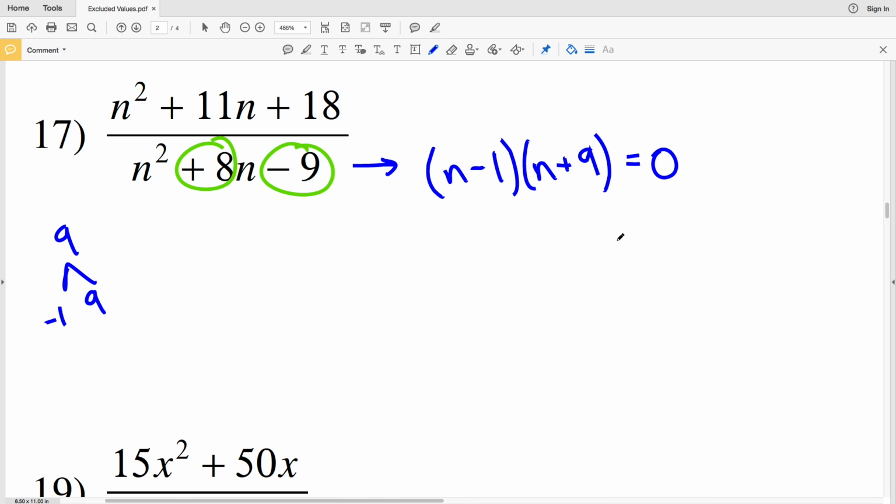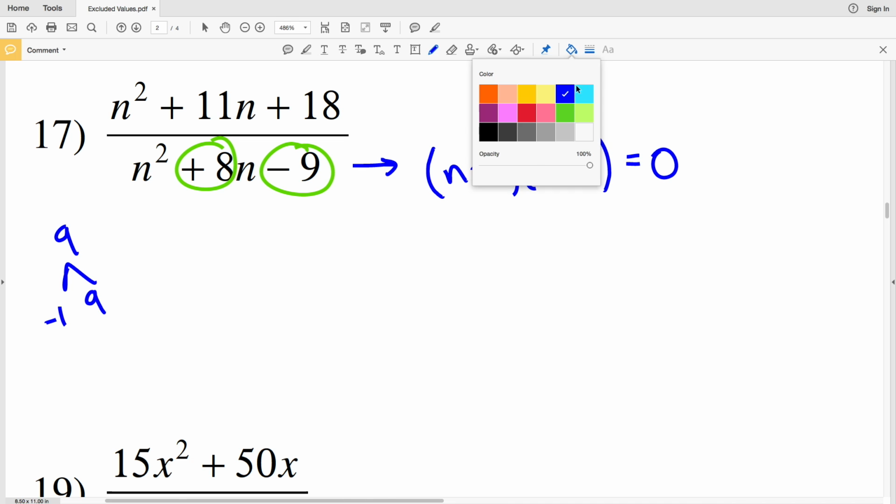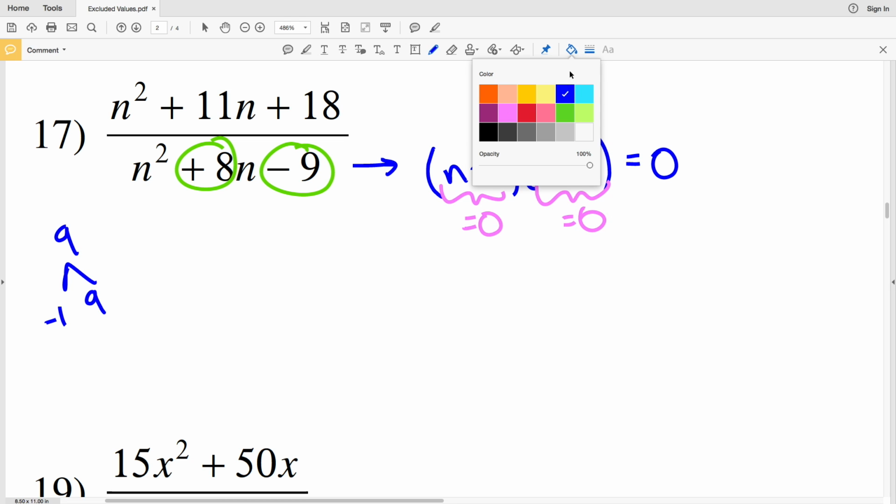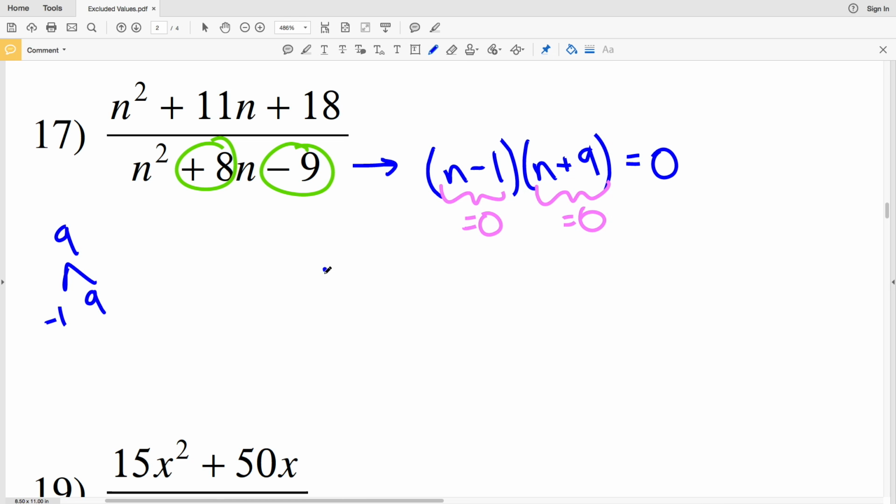And we cannot divide by a 0 in the denominator, so we'll solve for when that's equal to 0 in order to get our excluded values for n. So when n minus 1 equals 0, we'll have an excluded value, and when n plus 9 equals 0, we'll have an excluded value. N minus 1 equals 0 when, adding 1 to both sides in order to cancel out that 1, n is equal to a positive 1.